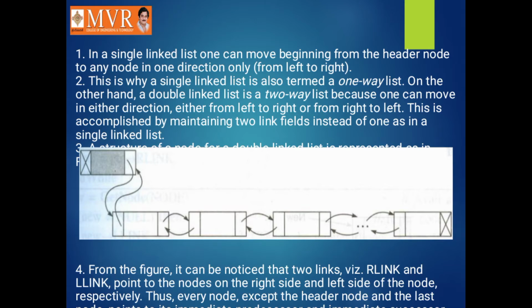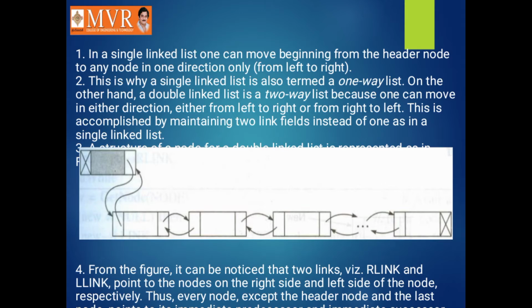And here also the left link will be null because there are no nodes before it. The header node stores the address of the first node in the linked list, and by using this we move to the next node, that is the second node, and then to the next node, and so on till the end of the linked list.